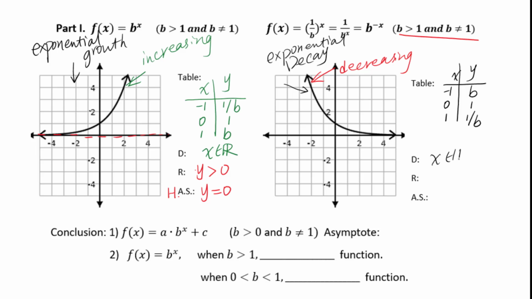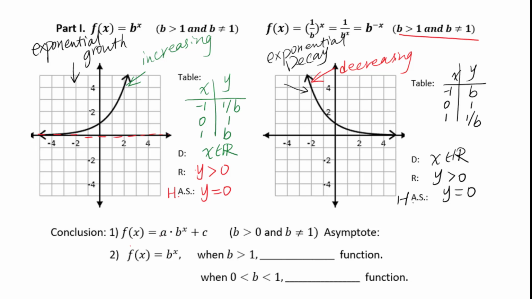Domain is the same. Range is the same. Horizontal asymptote line is the same, y equals 0. Let's draw a conclusion.